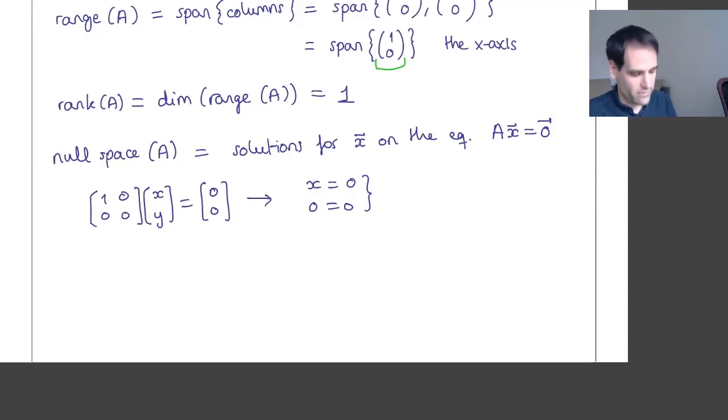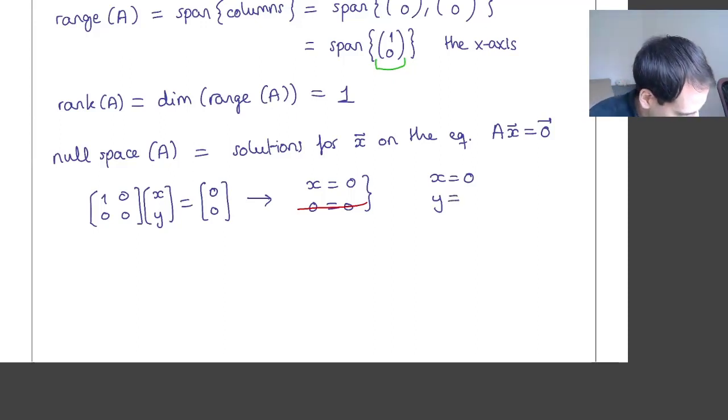So can we solve this? Well, of course, it's already solved. So the second equation doesn't mean anything. It's not giving us any information. So we know that x equals 0 is the solution. And what about y, which was one of the two unknowns? y can have any value. So let's call it lambda. And this is a free parameter.